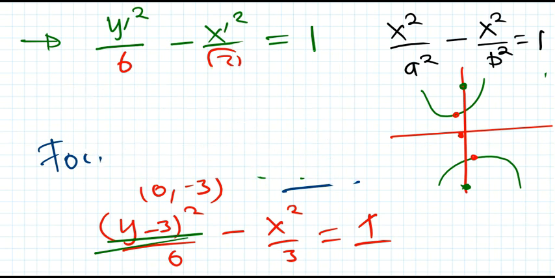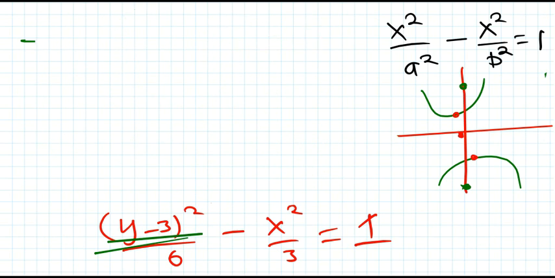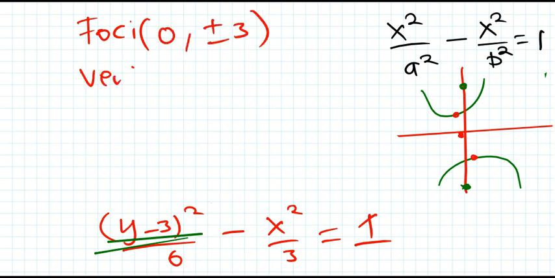Now the key takeaway in this case is this. Don't forget what we found. The foci, we found 0 comma plus or minus 3. The vertices, which are closer, 0 comma plus or minus root of 6.